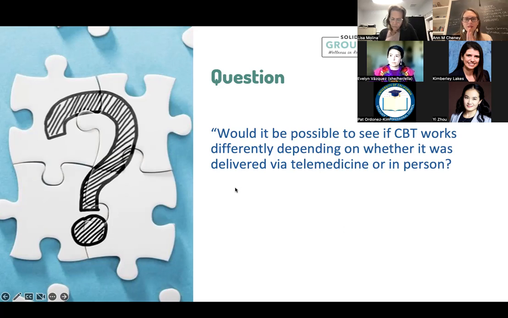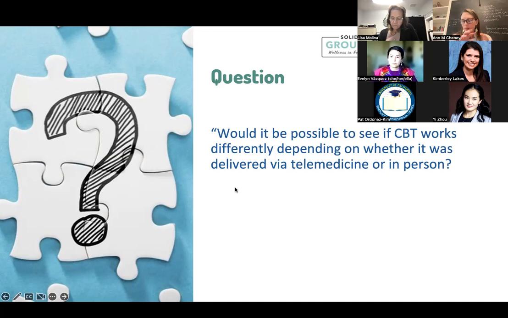And we want to understand, does it matter how it's delivered? Because Seeking Safety is focused on PTSD and trauma, we want to ask questions that understand at baseline what's the level of PTSD that participants have in our project, and then trauma as well.